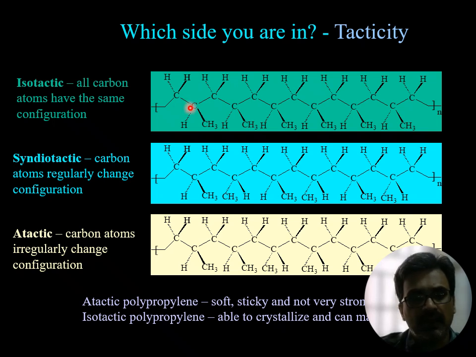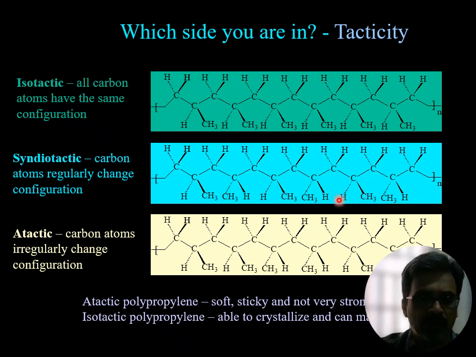You can see in the case of polypropylene, the methyl groups of the propylene are all on the same side of the configuration. Then it is called isotactic. In syndiotactic, you can see there is a periodic arrangement of the methyl here and then methyl there.